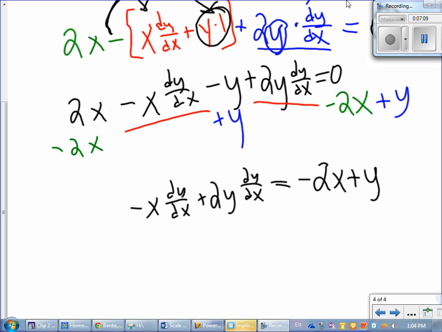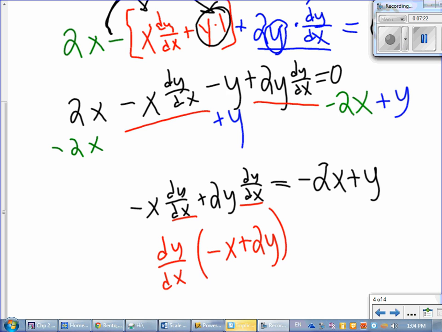Now, every term on the left side has a dy/dx in it, so that's our GCF. So I'm going to factor out the dy/dx. And then the very last step is to solve for dy/dx.